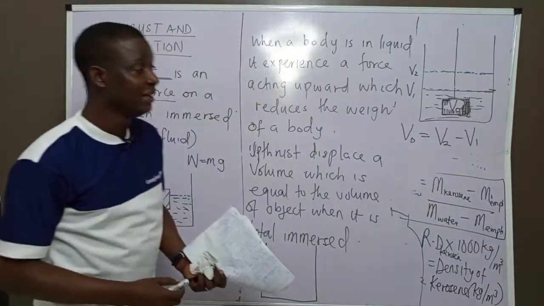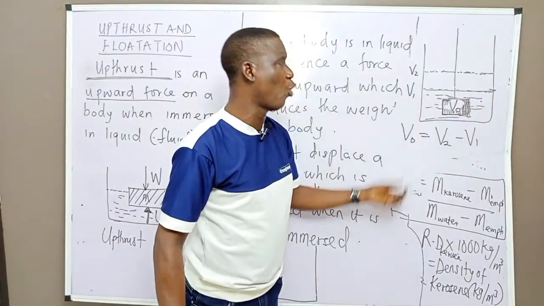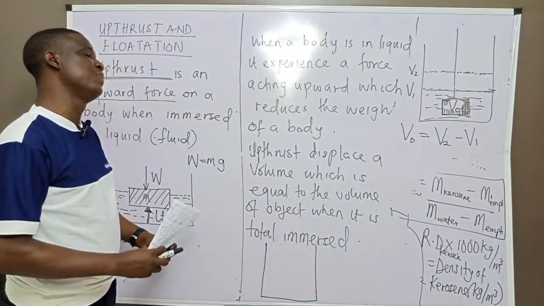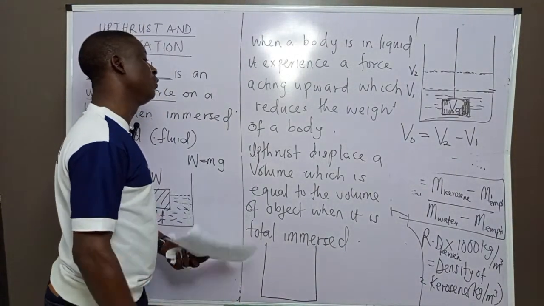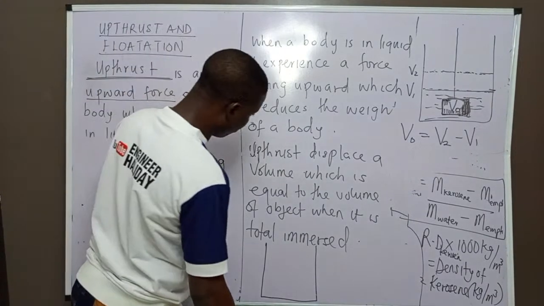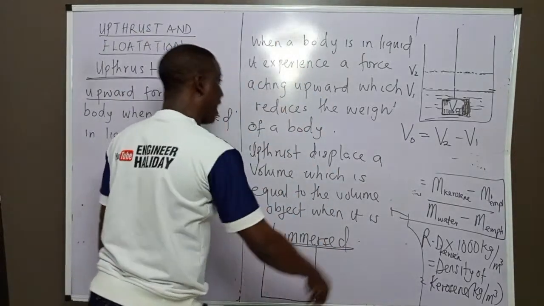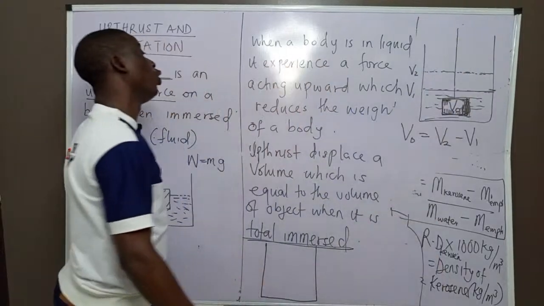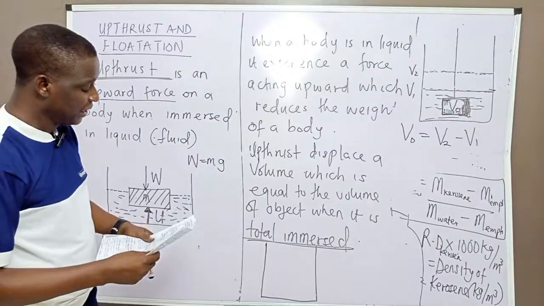That is to say, the volume of the object itself is equal to the volume of the liquid displaced. So the volume of the liquid displaced is what we call the volume of the object when the body is totally immersed. Totally immersed means that everything is inside the water or the liquid. So that one is clear. Please take note of that.